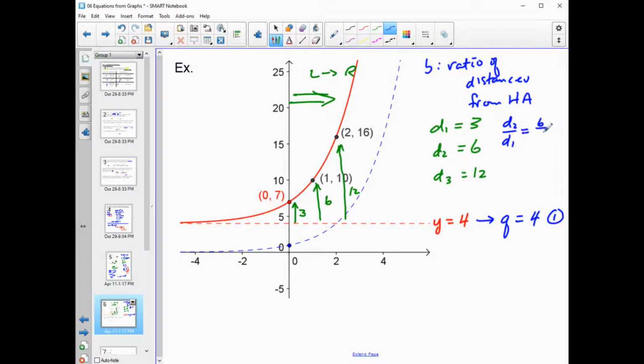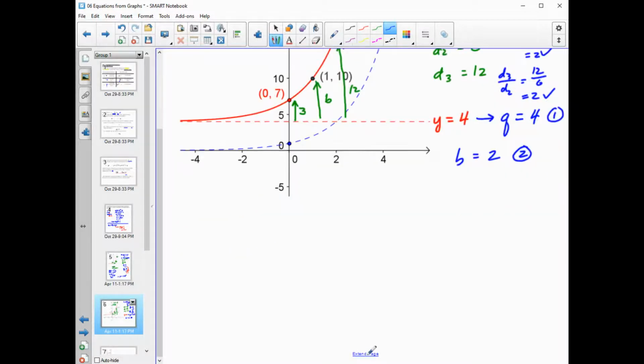That's 6 over 3, and that's equal to 2. What is the third distance over the second distance? That's 12 over 6, which is equal to 2. And that's good news. Those two ratios are the same, so that means our b value is equal to 2. And that's our second step.